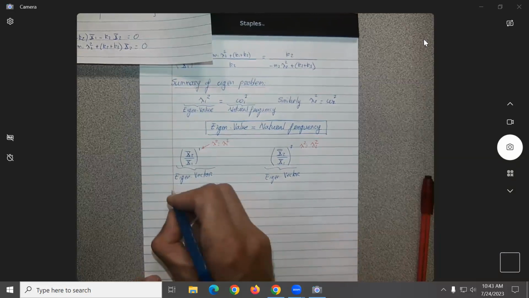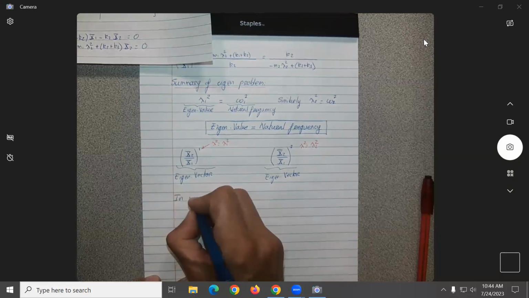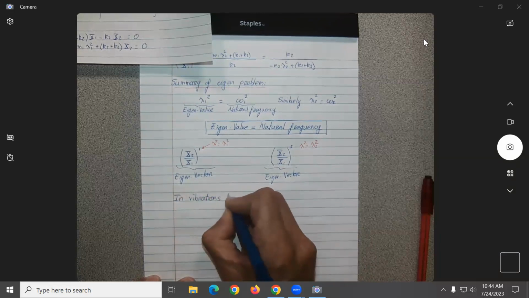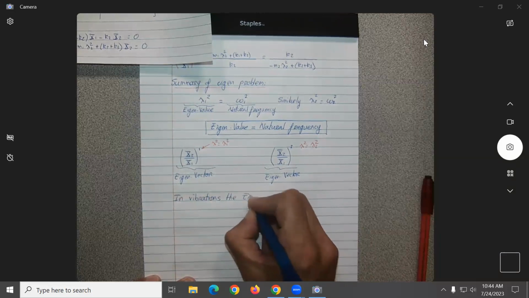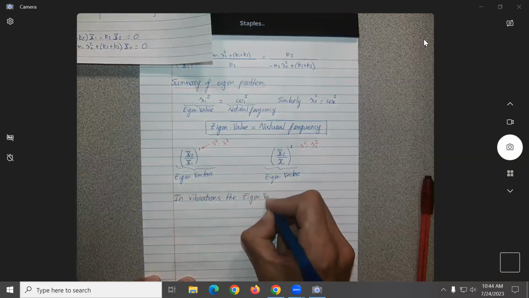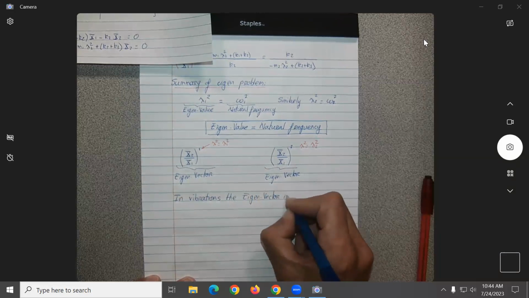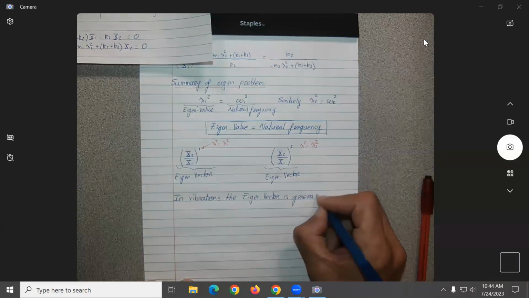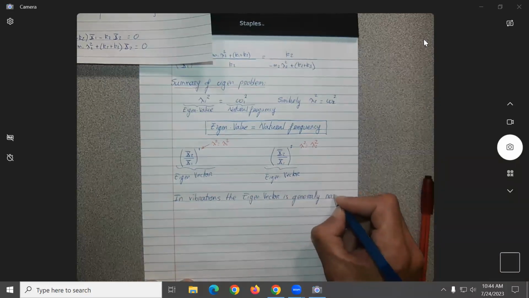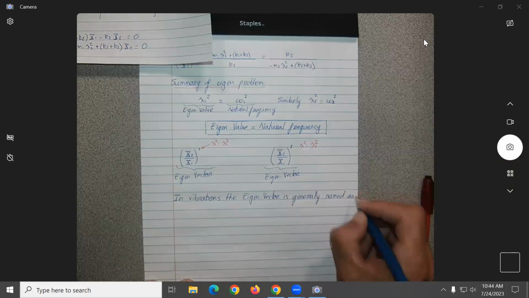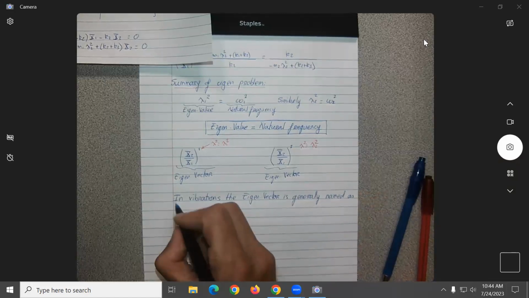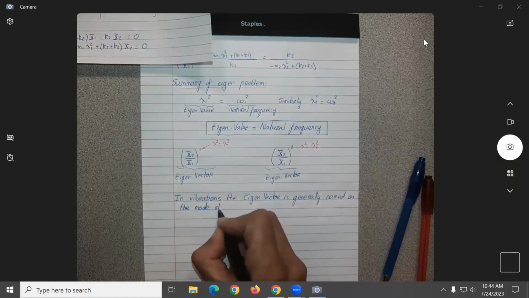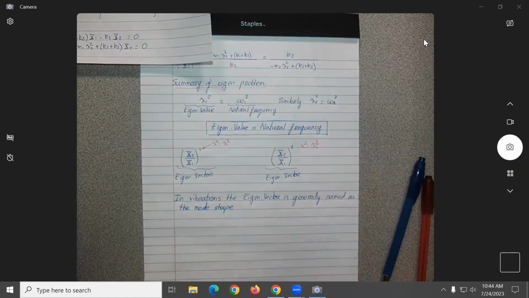Okay, but in vibrations or structural dynamics, in vibration, the eigenvector is generally named as the mode shape.